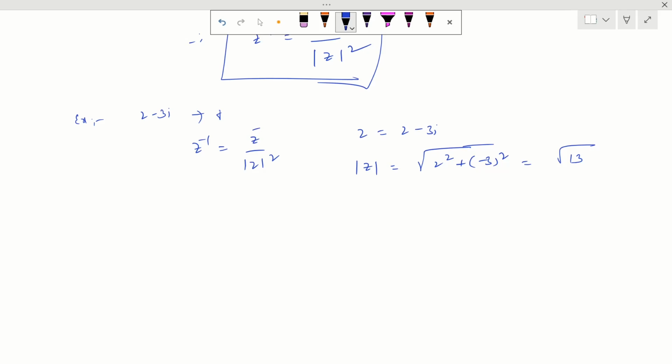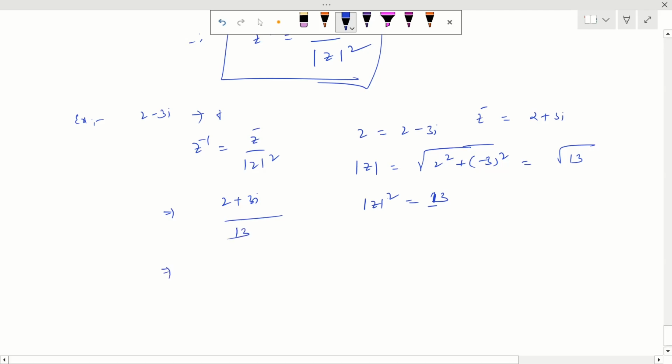And when we write modulus of z squared, it will be 13, and z bar is 2 plus 3i. So if we write 2 plus 3i over 13, we can write 2 by 13 plus i 3 by 13. So this is how we write the inverse of the number.